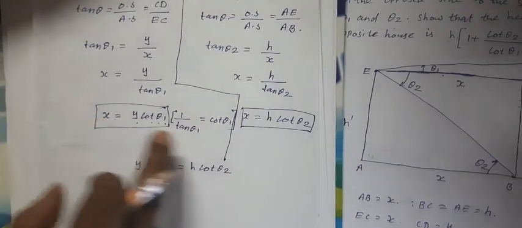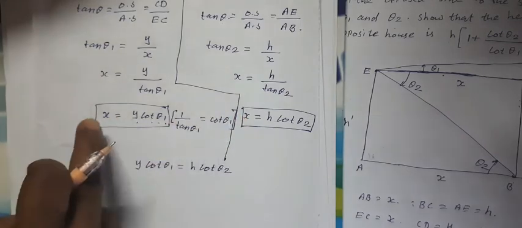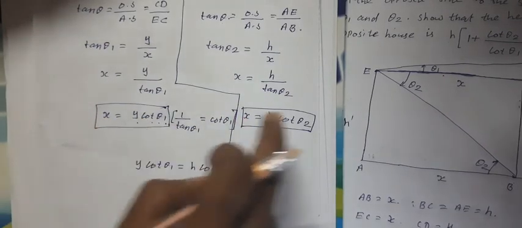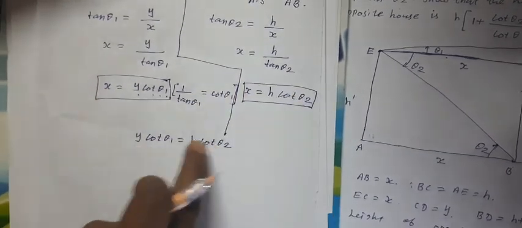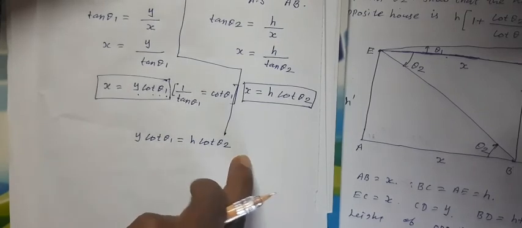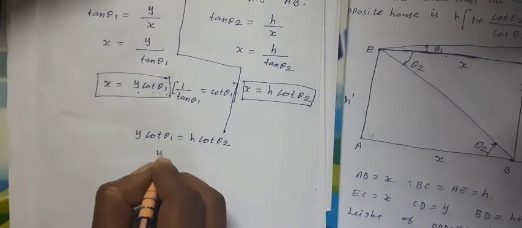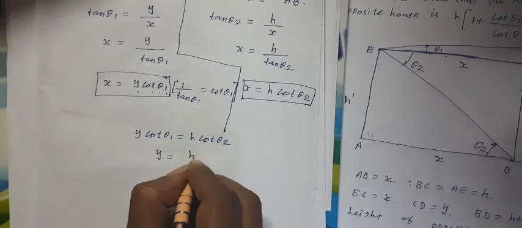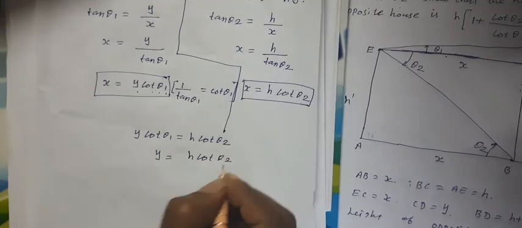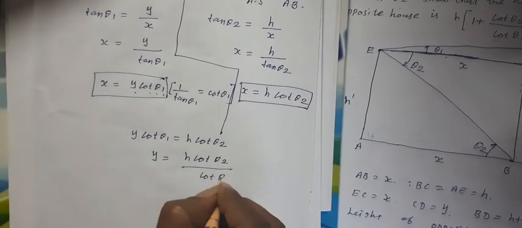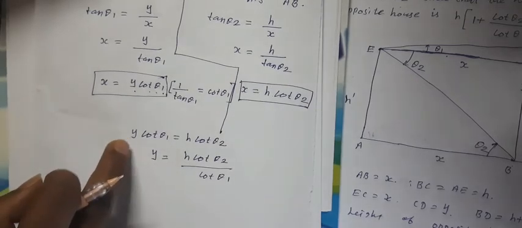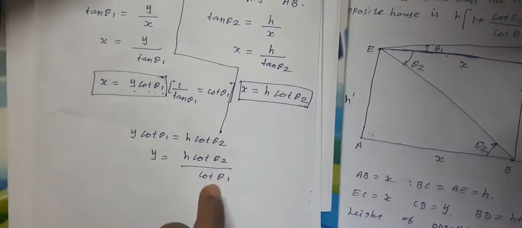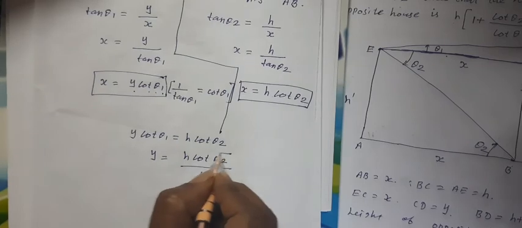Here also x and here also x, so the left hand sides are equal, then the right hand sides are also equal. Next we can find y. Y is equal to h cot theta 2 by cot theta 1. This is the value of y.